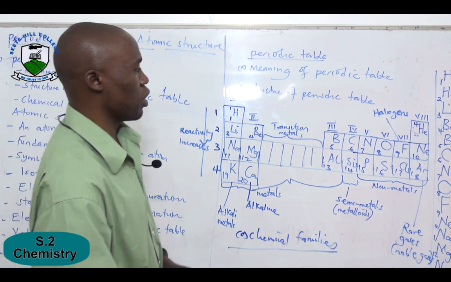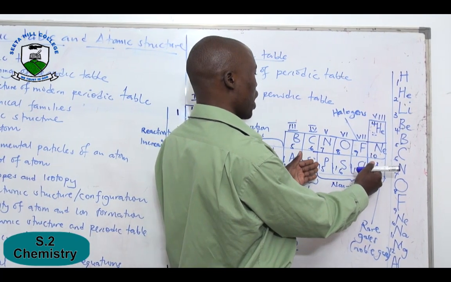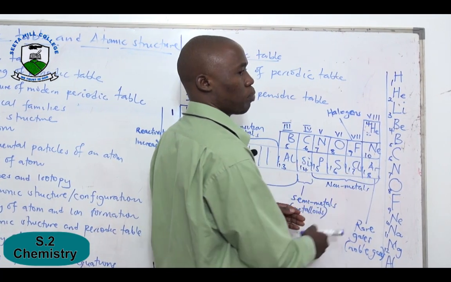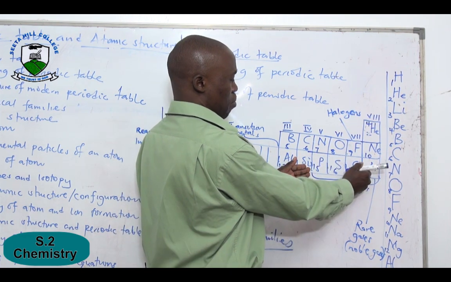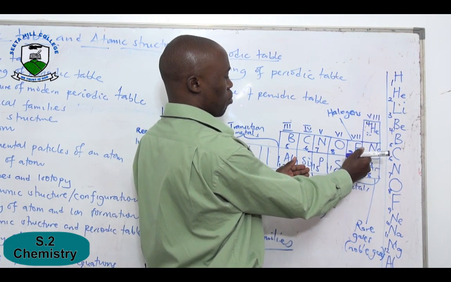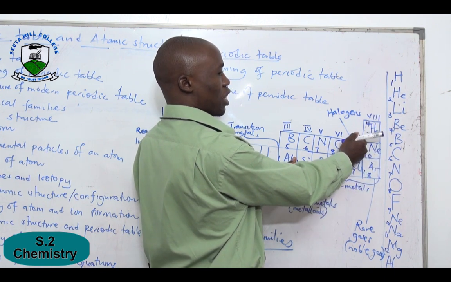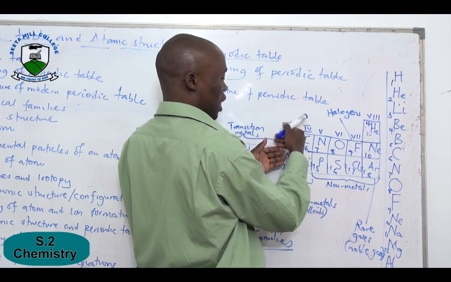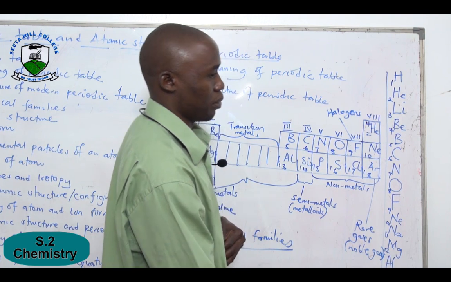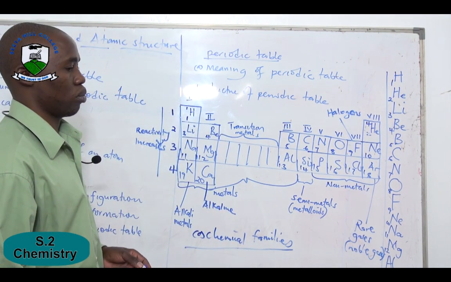That means the reactivity of non-metals is gauged from group 5 to group 7, and it increases like this, with fluorine the most reactive. In comparison across, fluorine is more reactive than any element before it.